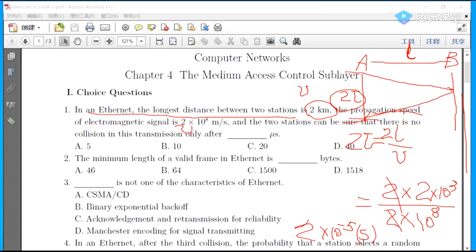So here the unit is microseconds. So the answer is C. Because mu is 10 to the minus 6, so microseconds is 10 to the minus 6 seconds. Do you understand?